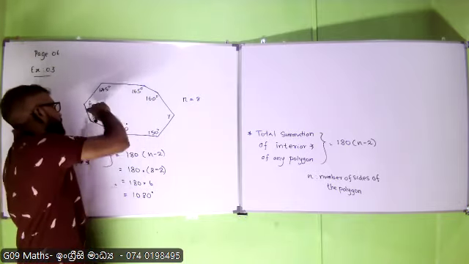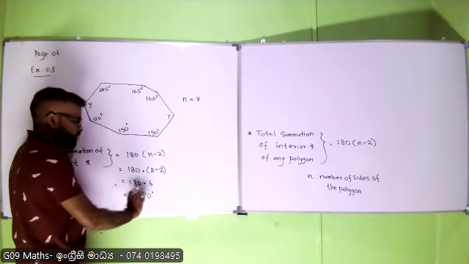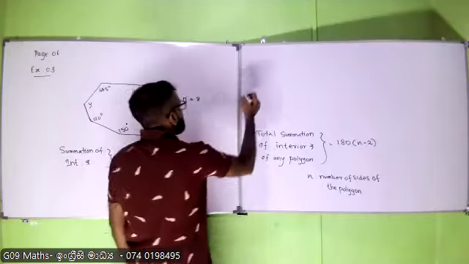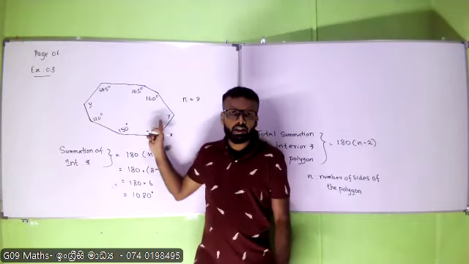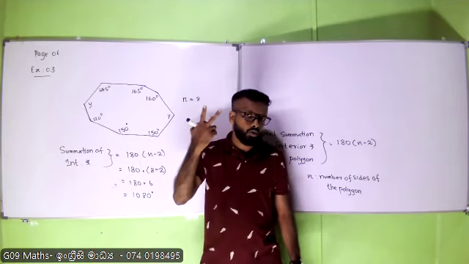So we need to add these angles and equate it to this answer. First of all, we are going to find y plus y. You already know y plus y is 2y.